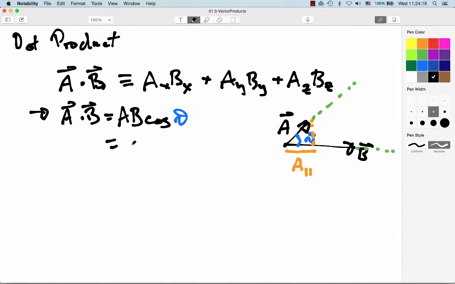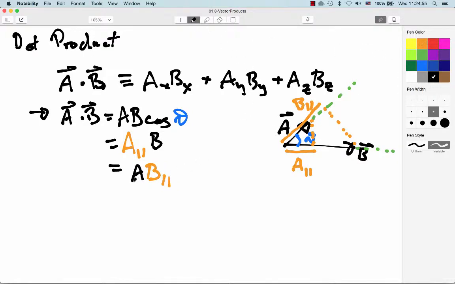And so we can say that A dot B is also equal to A parallel times B, or by the same token, I could have chosen to project B onto A, giving a piece B parallel, and then we could also say that that's equal to A times B parallel.